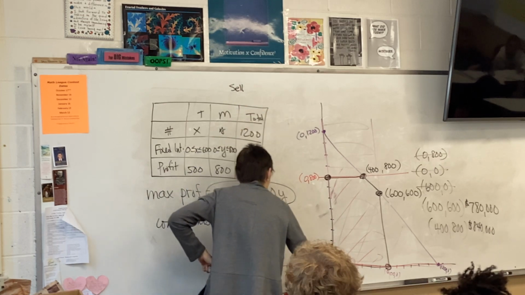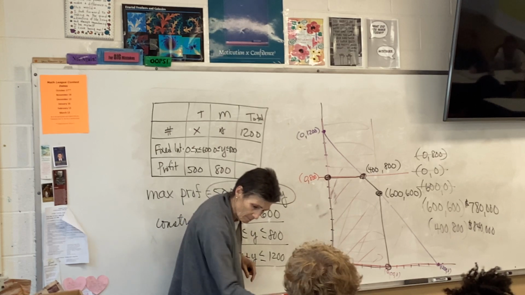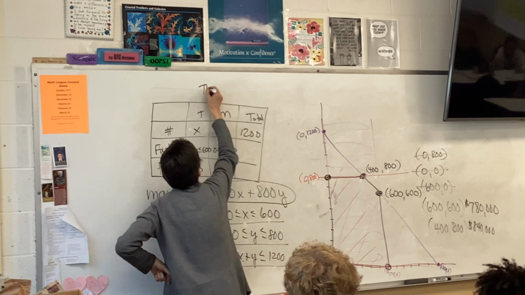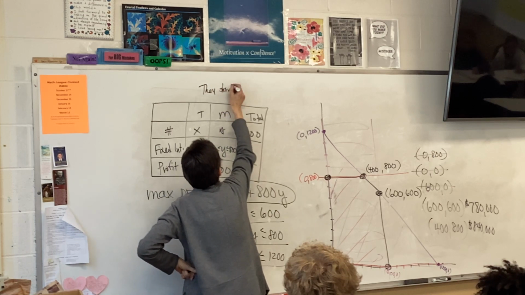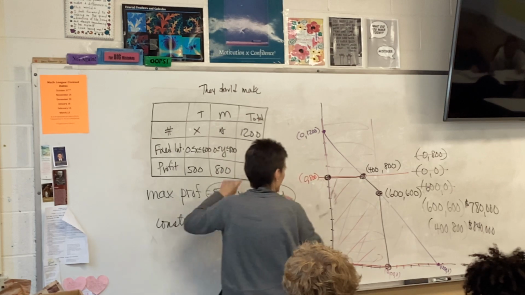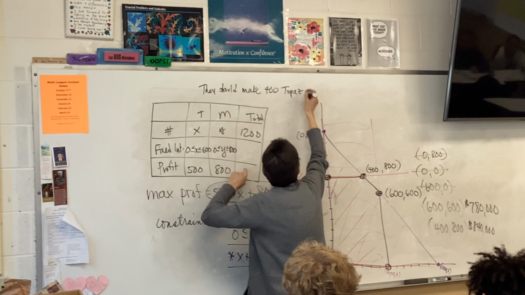So what are we going to tell the company to do? I need a sentence. So they should sell. Is it sell or make? Yeah. So they should make 400 topaz. Is that even a kind of car?